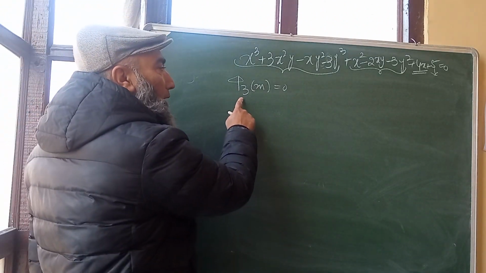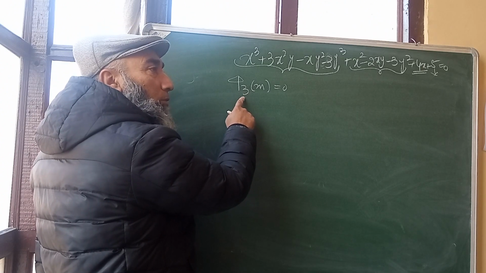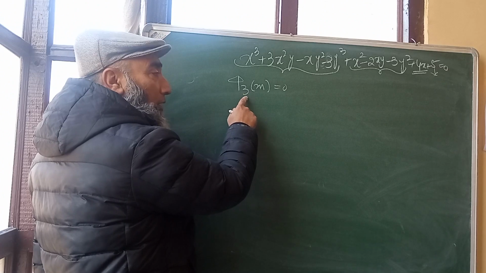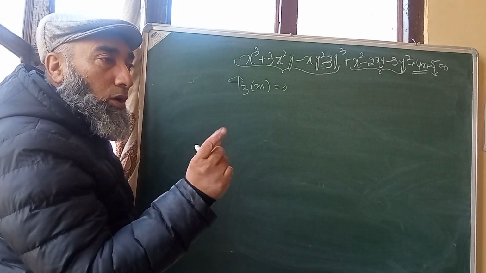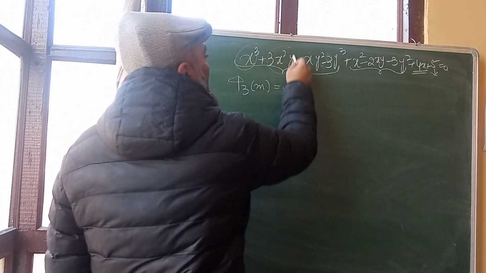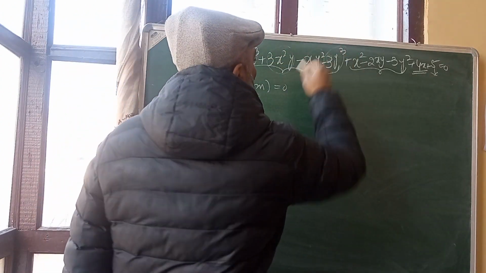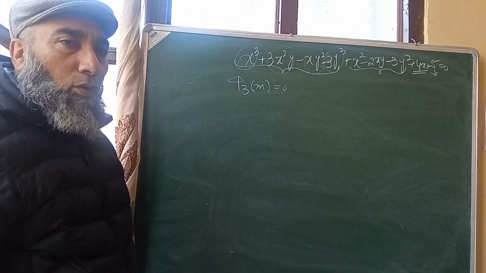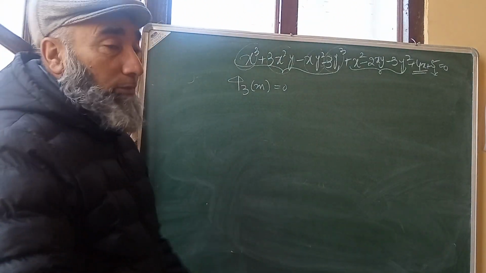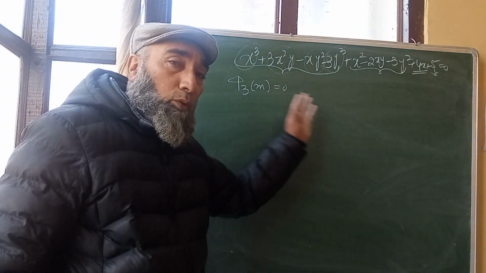Phi 3m contains the terms whose degree is 3. In this, what we do, we put x equal to 1 and y equal to m. First of all, is there any parallel asymptote?